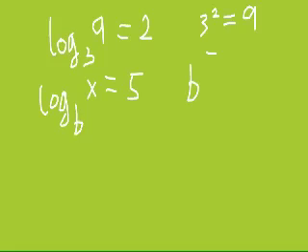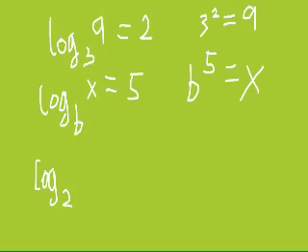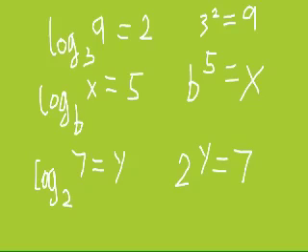We're saying b to the 5 equals x. Or if we have the log base 2 of 7 equals y, the equivalent way of writing this equation is 2 to the y equals 7.